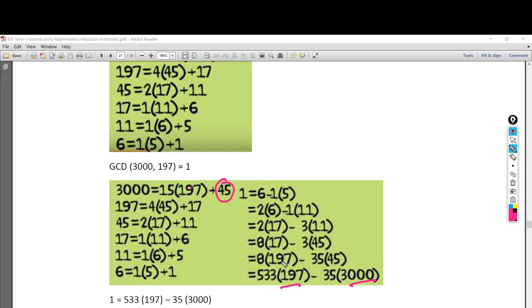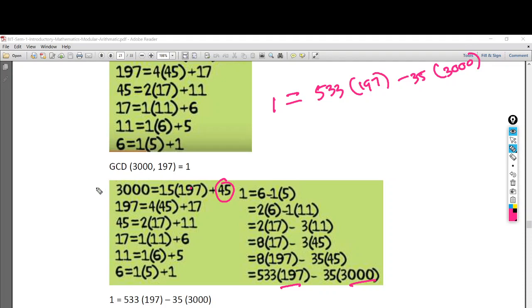Now everything is 197 and 3000, right? So therefore what you got is 1 is equal to 533 times 197 minus 35 times 3000. So that is what you get.